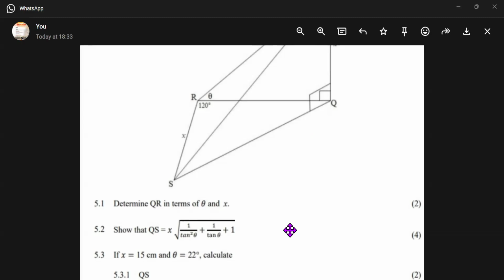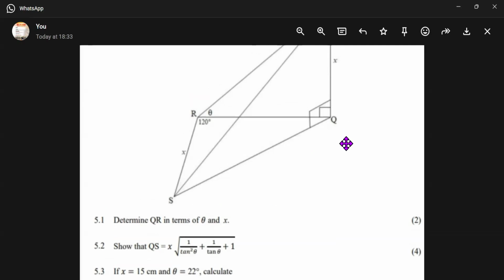Well, we'll do that when we do 5.2. I think we should read 5.2 already, so that when we go to the whiteboard, we don't have to come back many times. Then the next question is saying, show that QS is equal to x times the square root of 1 over tan squared theta plus 1 over tan theta plus 1.